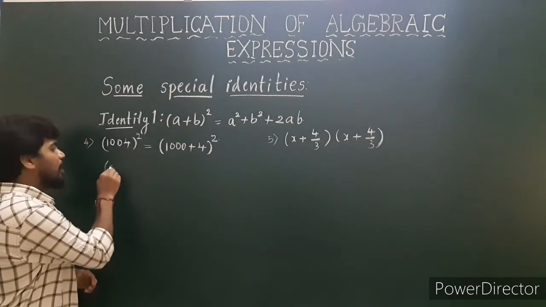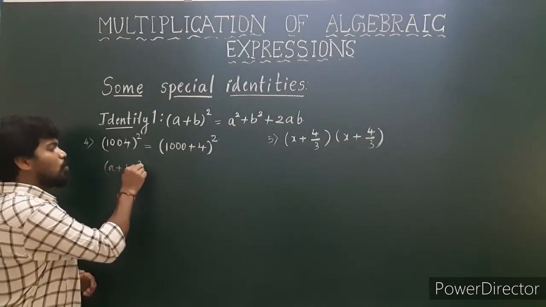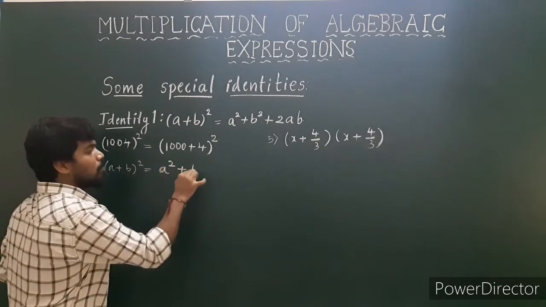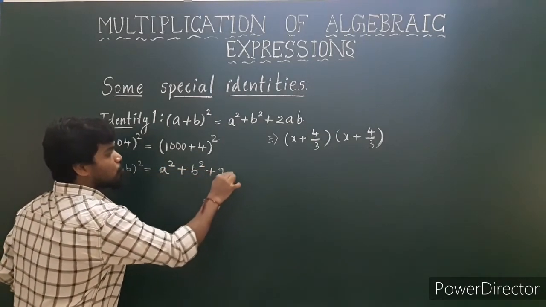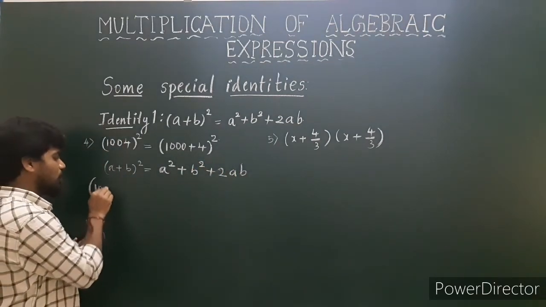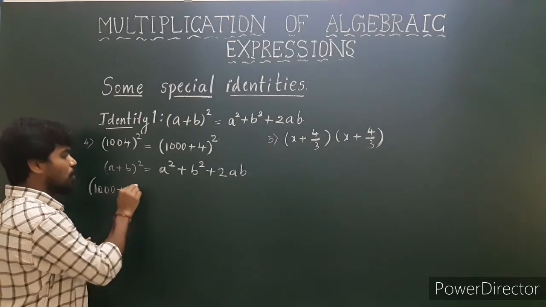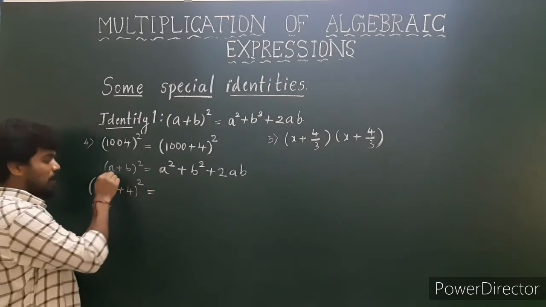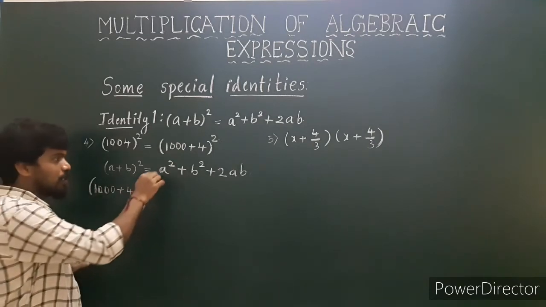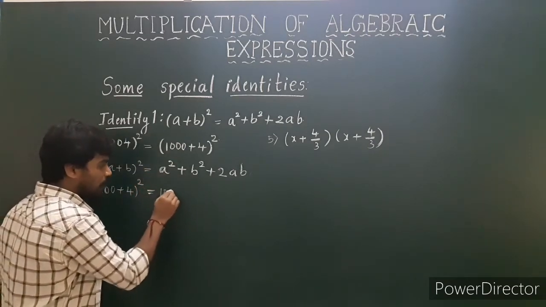Write the identity once: (a plus b) whole square equal to a square plus b square plus 2ab. So substitute (1000 plus 4) whole square: in the place of a you have 1000, in the place of b you have 4.